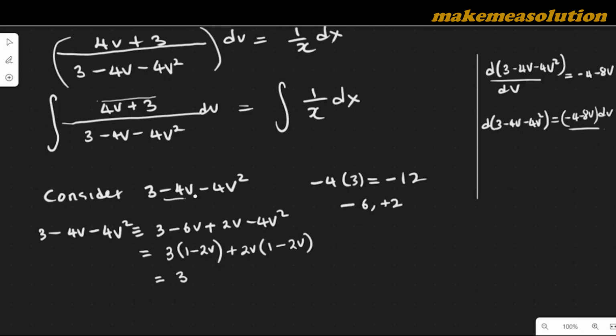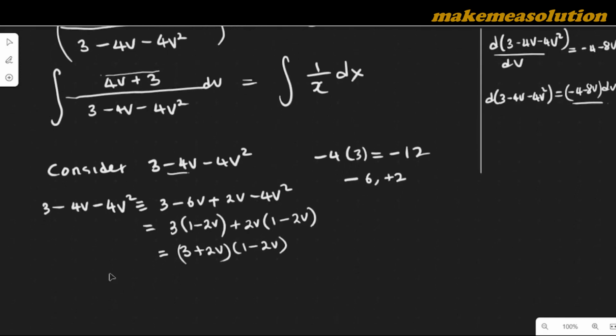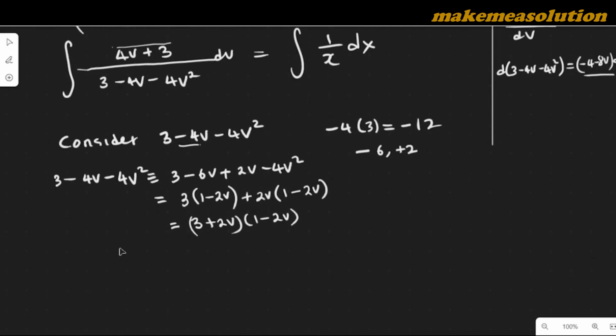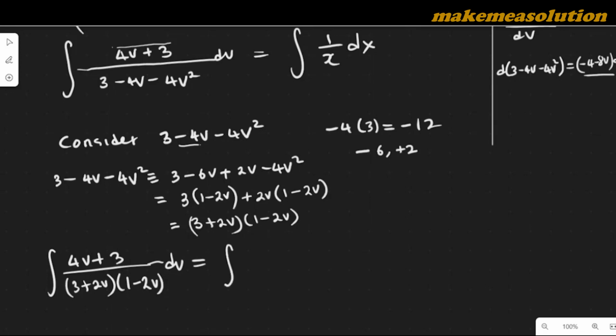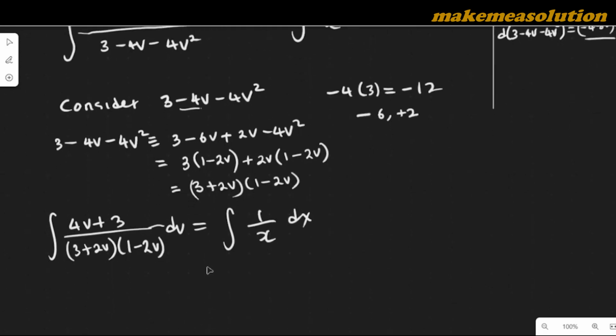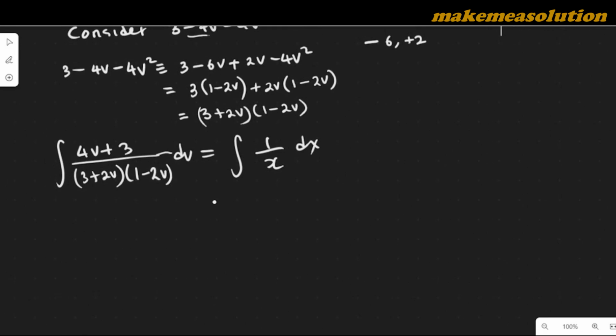We have (3 plus 2v) and (1 minus 2v), okay, to be our factors. So we have our integral (4v plus 3) all over (3 plus 2v)(1 minus 2v) dv is equal to the integral of 1 over x dx. Alright, so let's keep going.